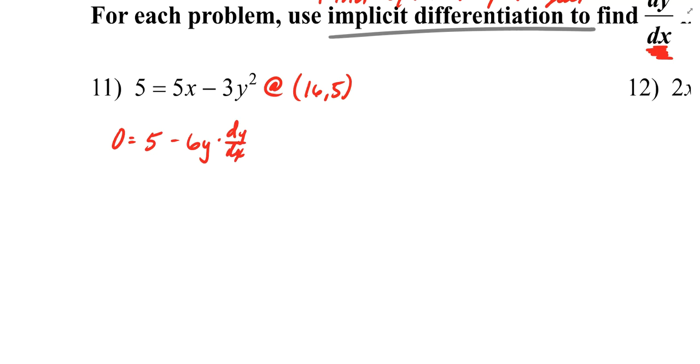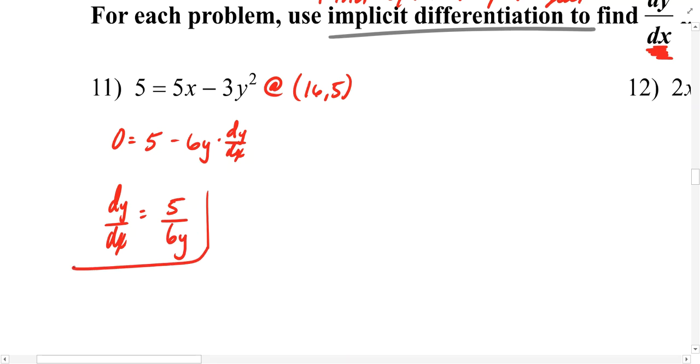With a little bit of work, we can isolate the dy dx. You may not have to show every step because a lot of this is pretty straightforward. But we're going to subtract 5 and then divide by negative 6. Those two negatives will cancel in the process of division. So we've got dy dx equal to 5 over 6y.